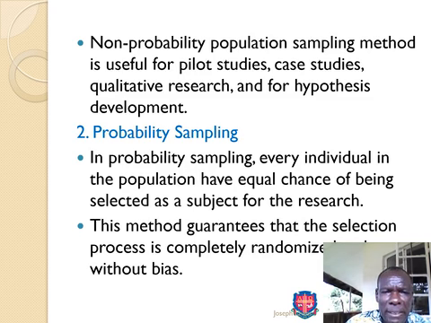Probability sampling is where every individual in the population has an equal chance of being selected as a subject for the research. This method guarantees that the selection process is completely randomized without any bias.